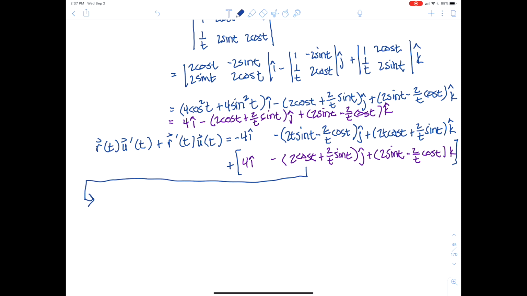So our i vectors zero out. And then let's see what we're going to get. We'll just crunch through it and see if we can make it prettier. Negative 2t sine t plus 2 over t cosine t, and that's all times j.